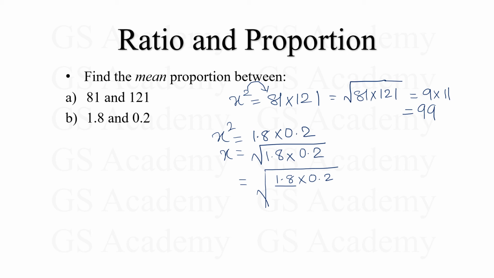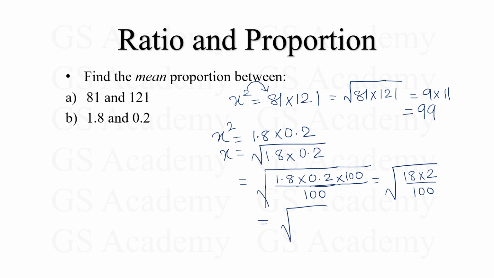Over here after the decimal there is only one digit and here also there is one digit. So we will multiply this number with 100 in order to remove the decimal and divide it by 100. So this will be 18 into 2 upon 100.